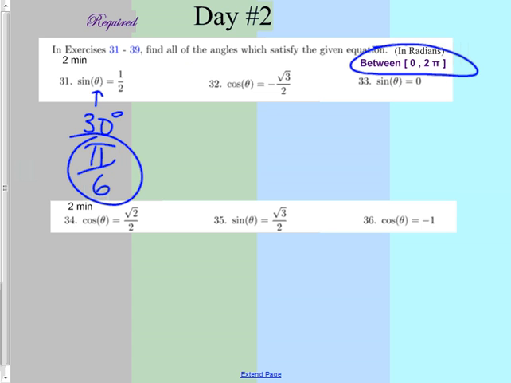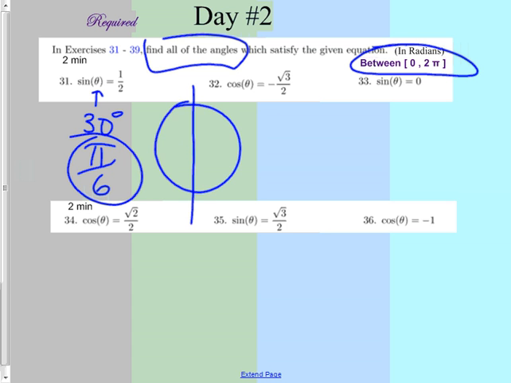All the angles. Remember me saying there's going to be probably 2 that are in the circle where sine of the angle is a half? All right, so I'm going to have to go on to my little thing here. And if you have your chart, which you do on your desk, if sine is a half at pi over 6, do you get how if you transport right over here, sine will also be positive 1/2 over there?